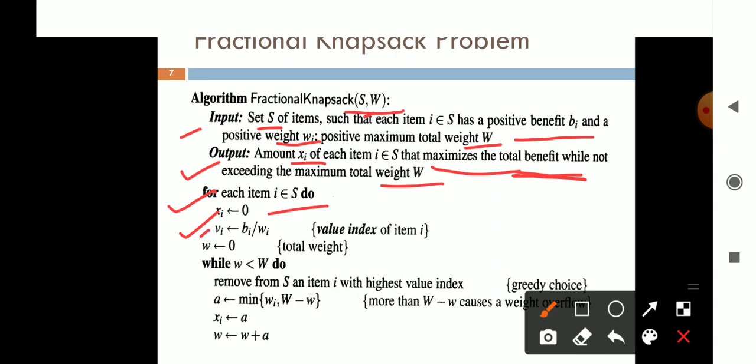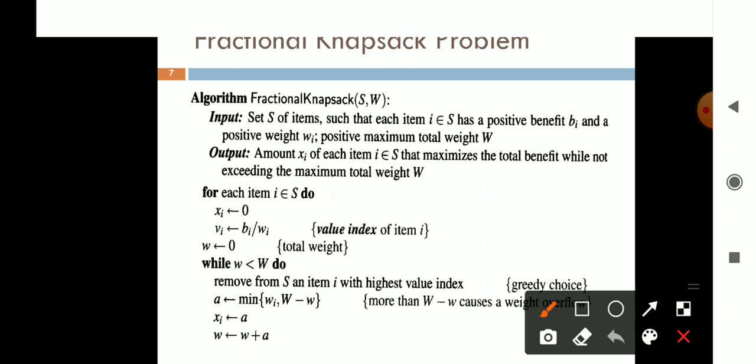Then next is Vi, that is nothing but Bi divided by Wi. We can say here Pi divided by Wi. So that is profit and benefit. Here we can use Bi or Pi. So that is the value index of item i.